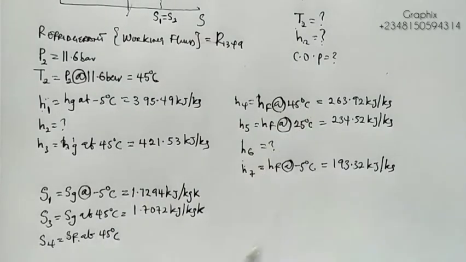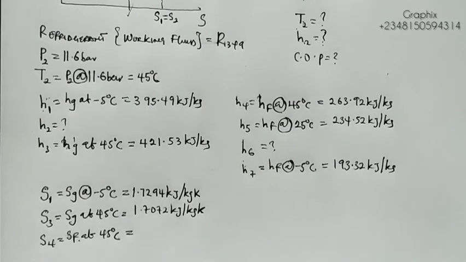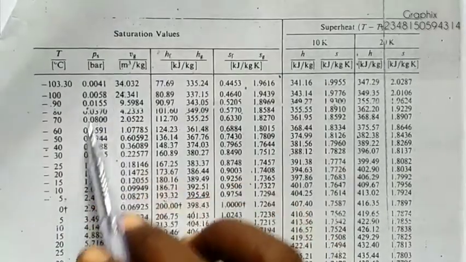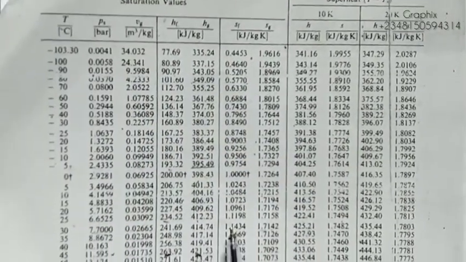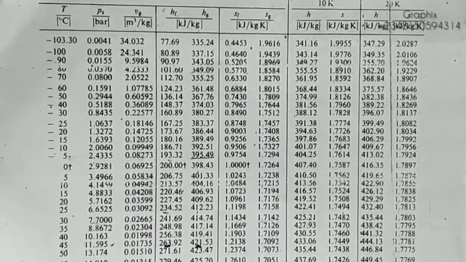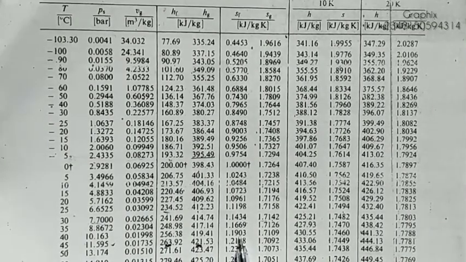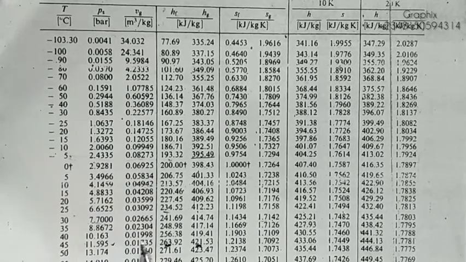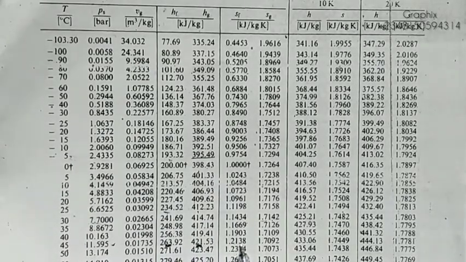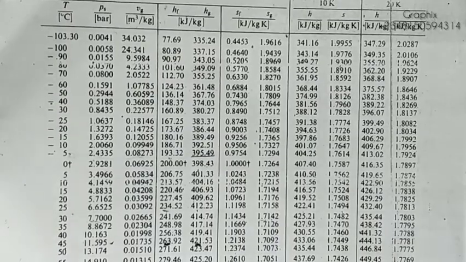So we are going to check on our steam table, SF at 45 degrees Celsius. This is 45 here, right? So we check for SF. SF is this. So this is it here, 1.2138 kilojoule per kilogram Kelvin.